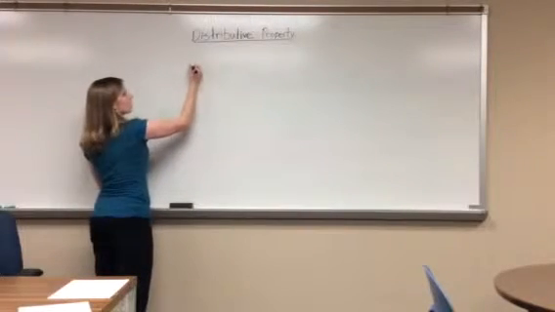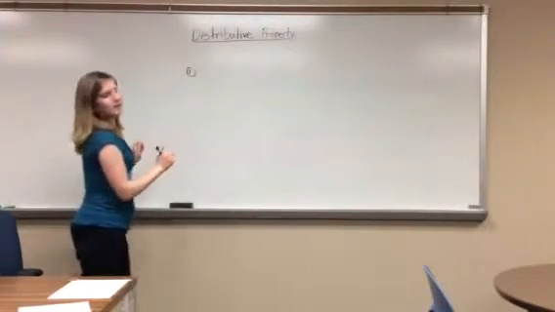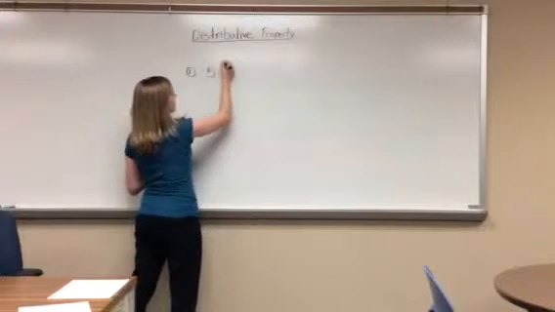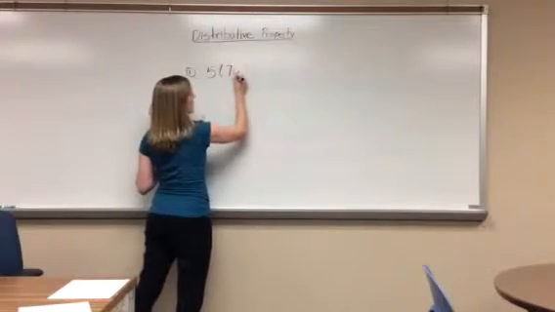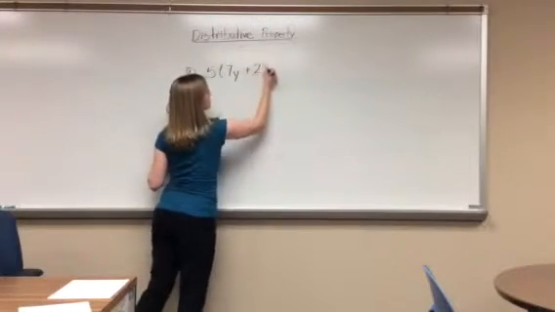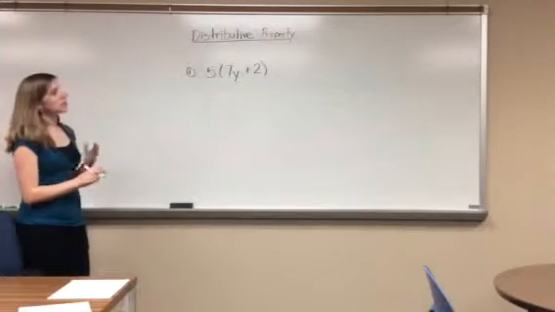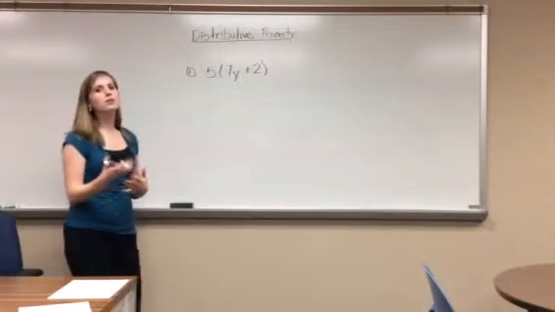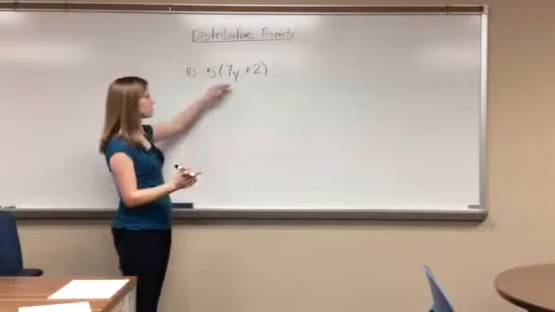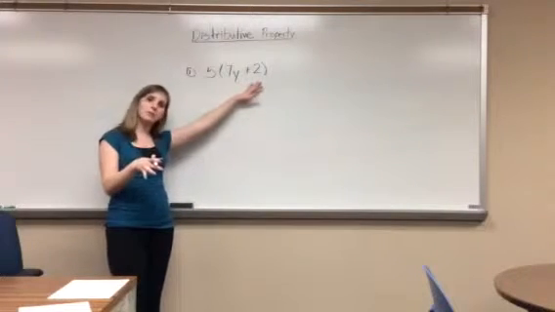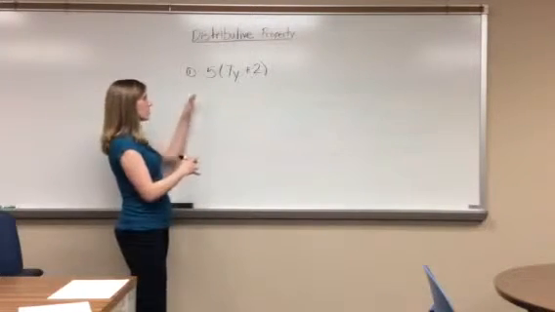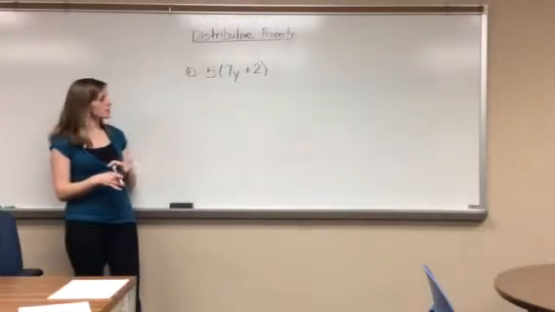So let's take a look at number 1. The problem is 5, and then we have parentheses 7y plus 2. So here's what's going on. Usually we use the order of operations to go ahead and simplify what's inside the parentheses, and then we do the operations that are outside the parentheses.